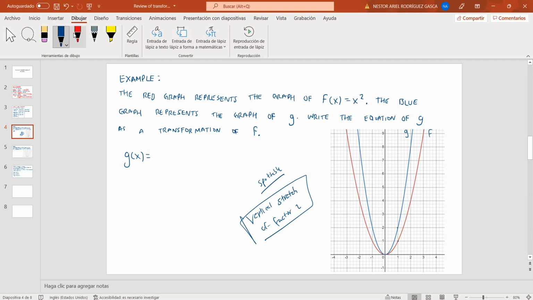Because if you take the function f and you take this point in particular, which is (1, 1), you can see that if you multiply the y-coordinate of this point by 2, it ends up in here. So this point is going to be transformed into this point. And that is a vertical stretch of factor 2 on this point. We're vertically stretching this point by a factor of 2, and it finishes at this point.